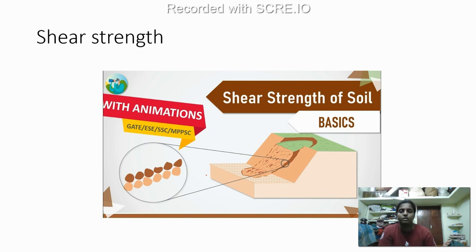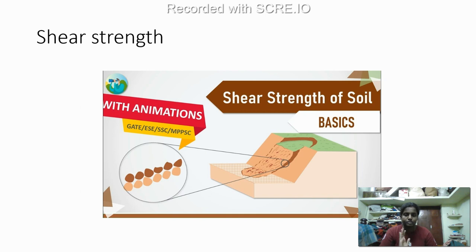We know that all failure in soil is a shear failure. The particles will slide over one another, because soil is a particulate matter, and that is going to cause a shear failure.